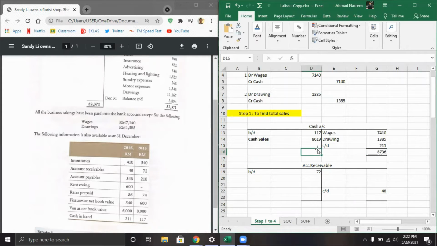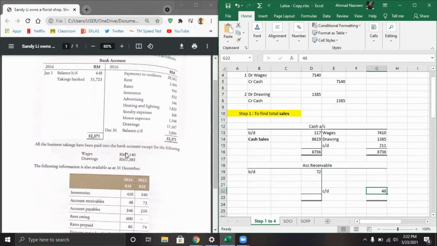Okay, the next part is for accounts receivable, balance c/d is 48 and bank 51723 on the credit side.